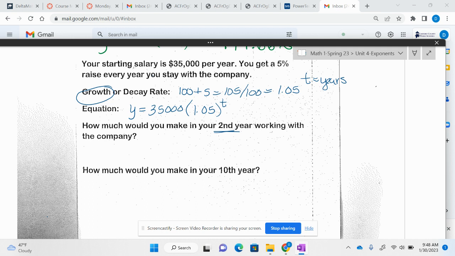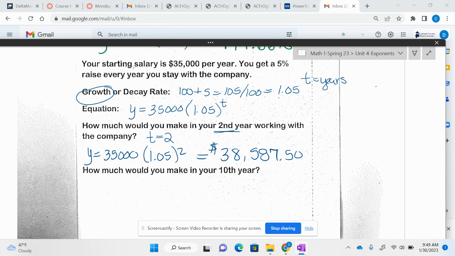So how much money would I make after 2 years? y equals 35,000 times 1.05 to the power of 2. When I put that into my calculator, my salary after 2 years is $38,587.50. Not bad.